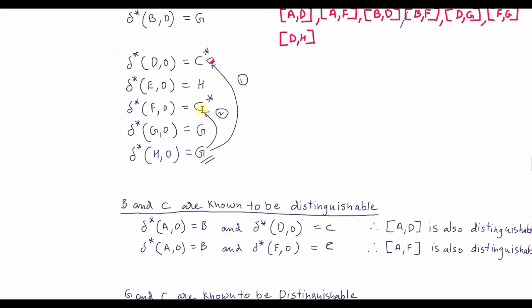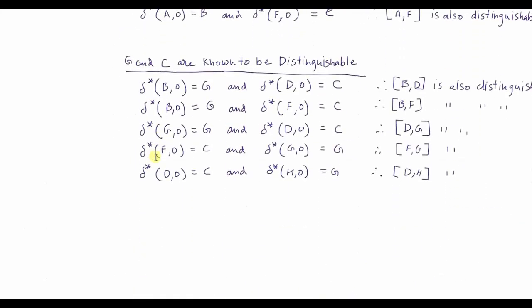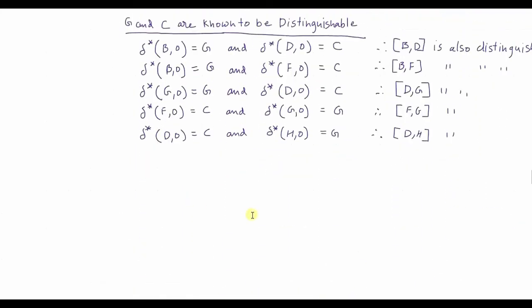So as you can see, C and G are distinguishable, so you can easily say that F and H are also distinguishable. The same thing I am going to write. So del star of F on 0 gives you C, and del star of H on 0, it gives you G. Therefore I can easily say that F and H, the pair F and H is also distinguishable.